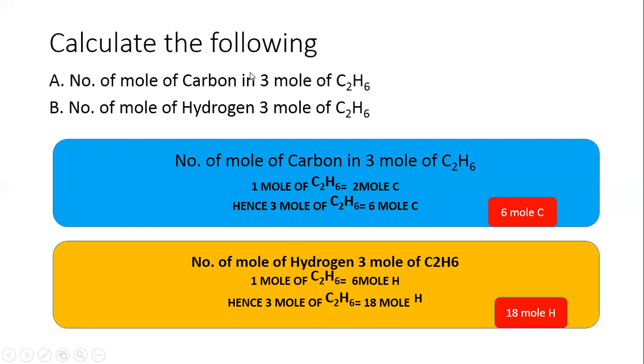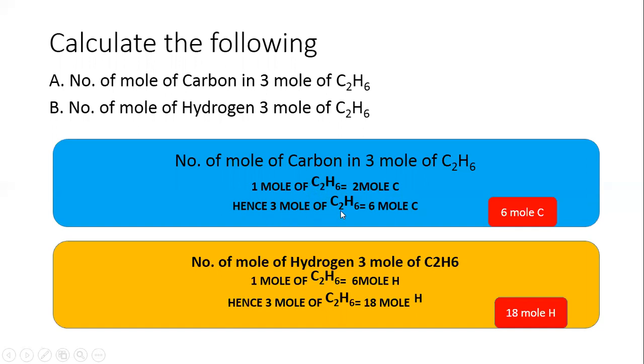Second, calculate the following: A, number of mole of carbon in 3 mole of C2H6. B, number of mole of hydrogen in 3 mole of ethane C2H6. So we will calculate the number of mole of carbon in 3 mole of ethane. 1 mole of ethane C2H6 contains 2 mole of carbon.